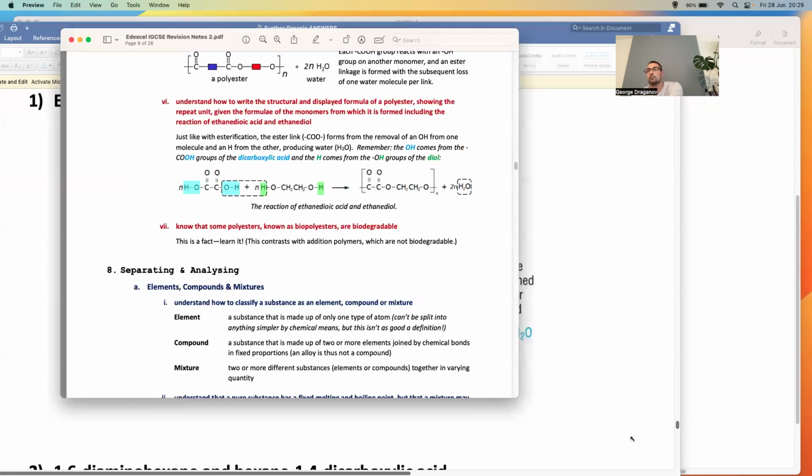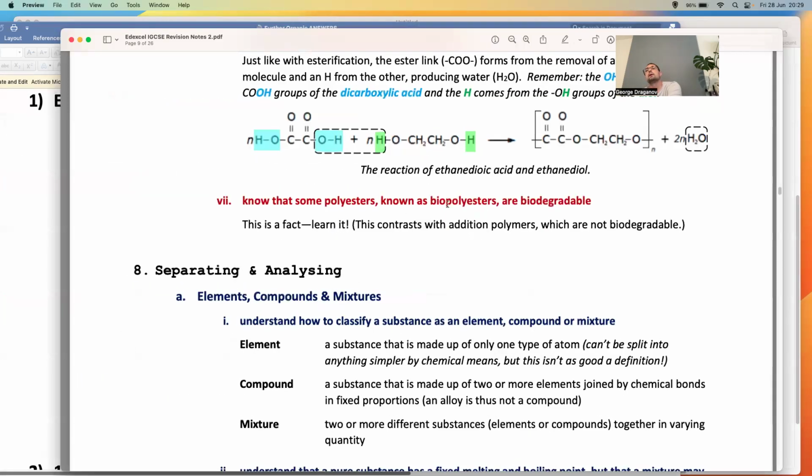So just remember, when you dispose of them, they can be biodegradable, which means that water can be used to break this down, because this bond is actually weak and this carbon can attract molecules. You'll learn more about that in A level, but for now, just learn it's biodegradable, which means bacteria can break it down. And that's why the condensation polymers are better for the environment from that sense.